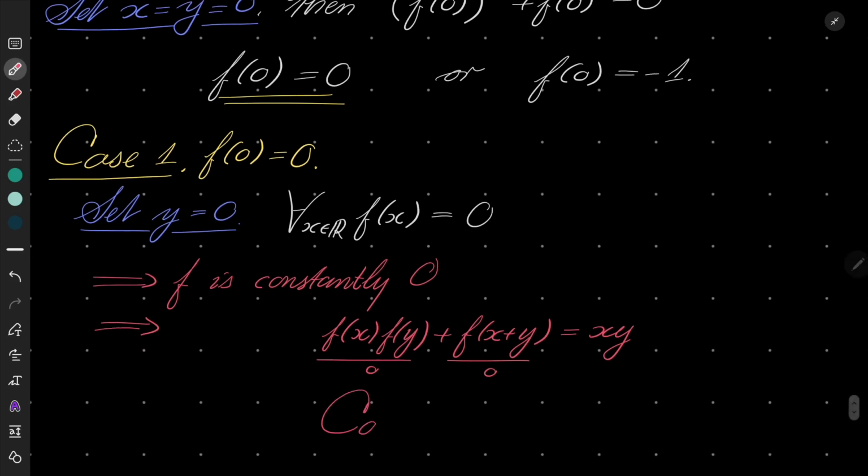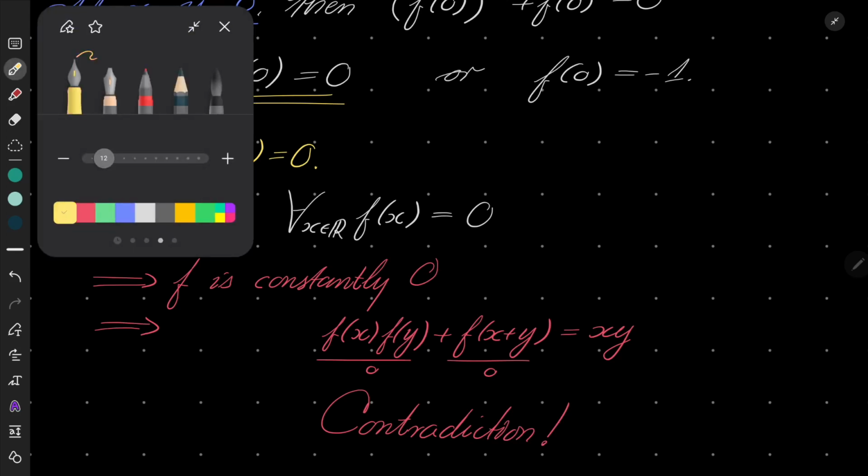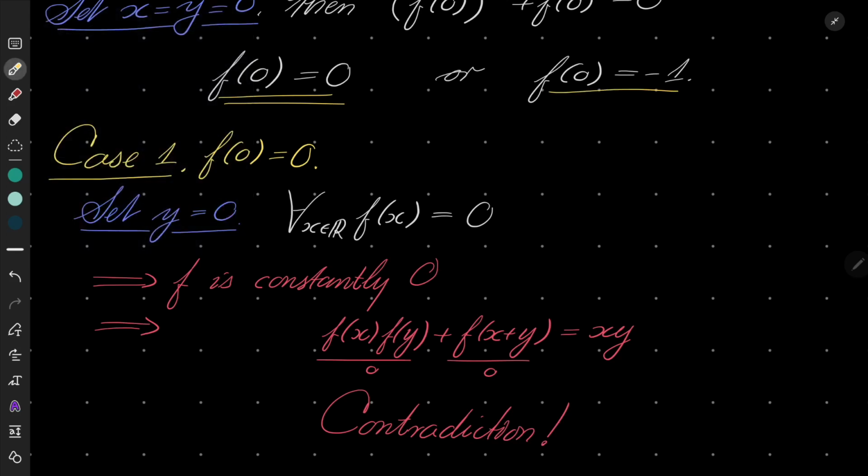It's a contradiction. So the first case doesn't happen, and we have the second case to be verified.